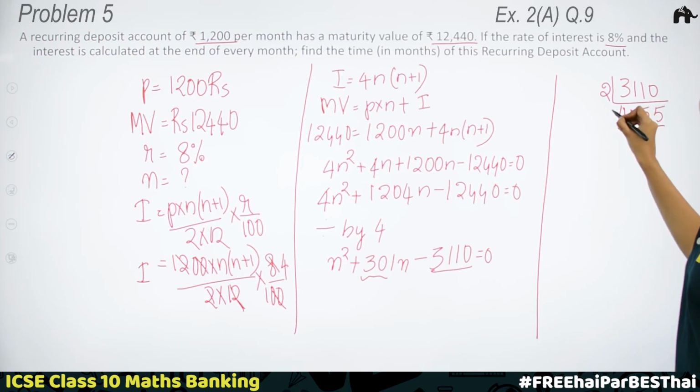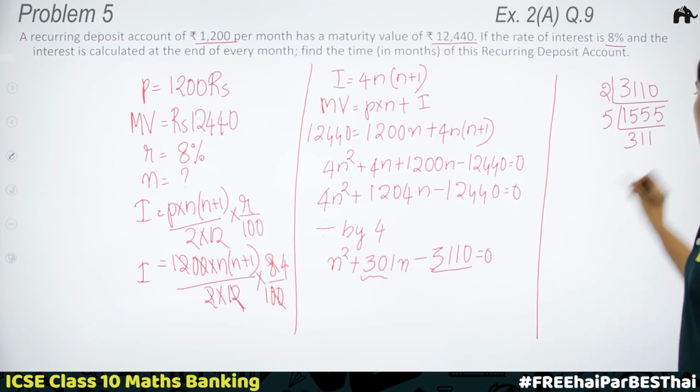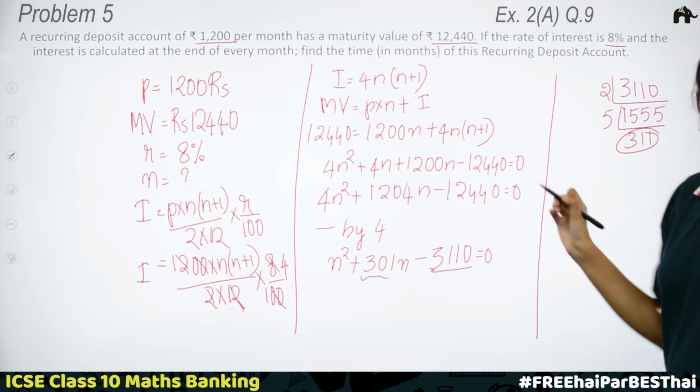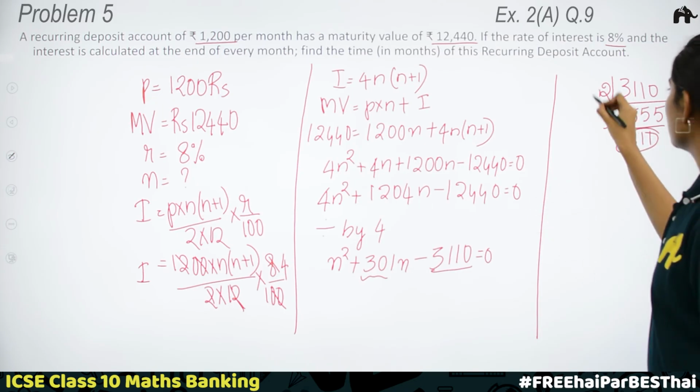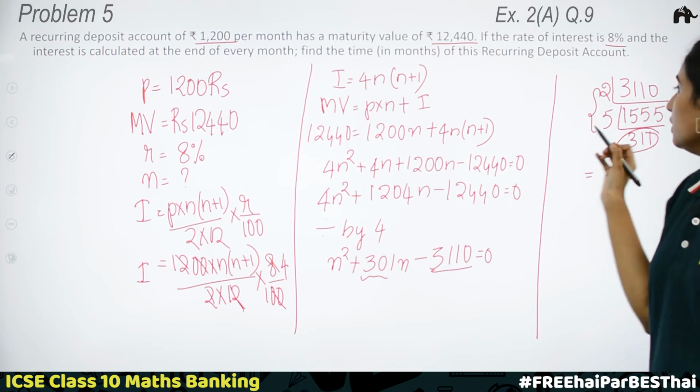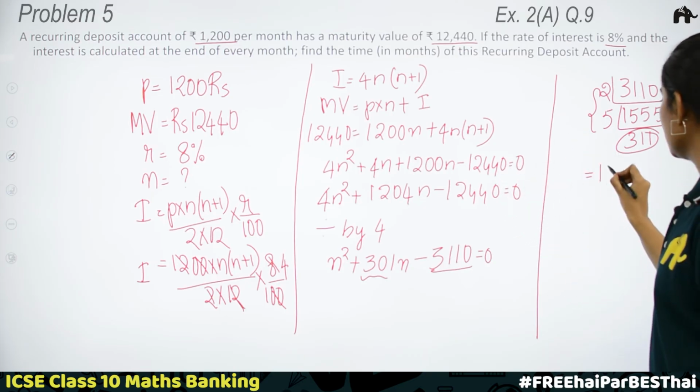Dividing by 5, we get 311, then 1. 311 is a prime number, so further division is not possible. The factors are 2 into 5, which gives 10, and the second is 311.